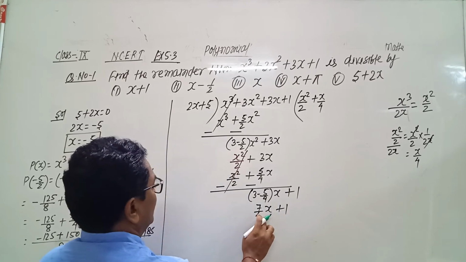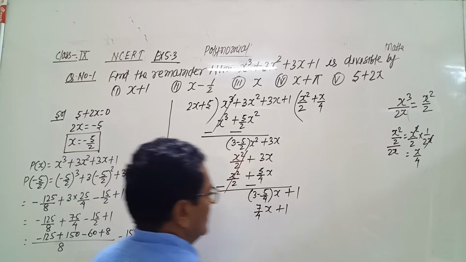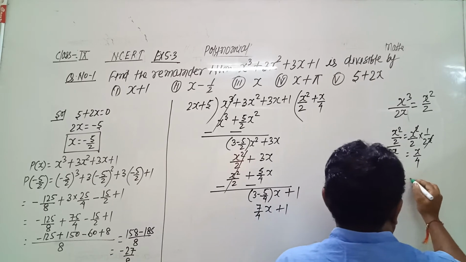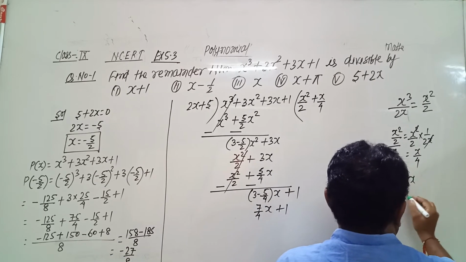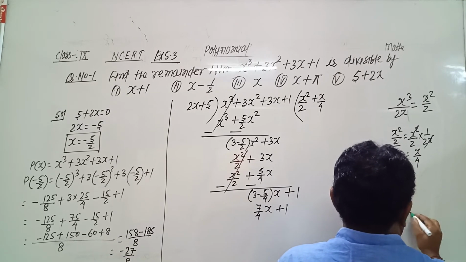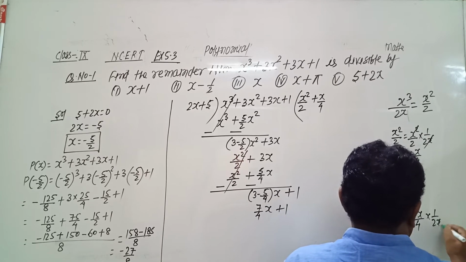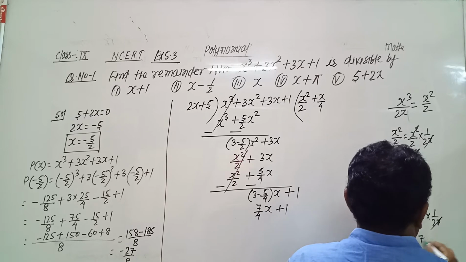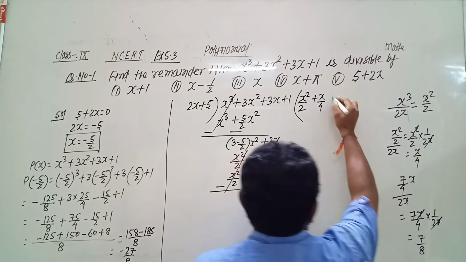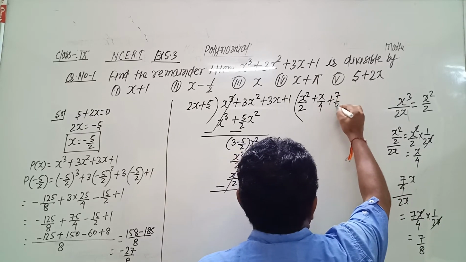Now 7 by 4x is divided by 2x. So 7 by 4 into x divided by 2x, we get 7x by 4 into 1 by 2x, x and x cancelled, and it comes 7 by 8. So here we write 7 by 8.